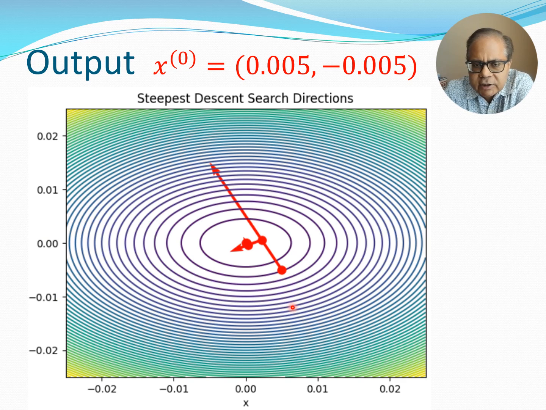So again, we see here in this case that we are starting from this point 0.005 and -0.005, and we have this search direction. We move in that direction. After a point, we change this to here because we have the step size and so on. So we are going to continue like this at 90 degrees, and we are going to go on and on till we converge.